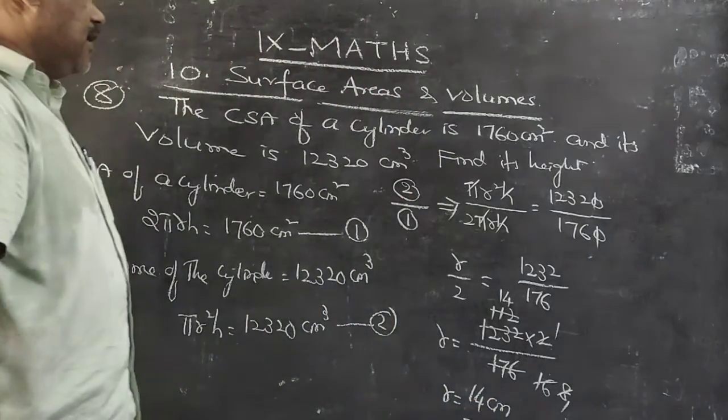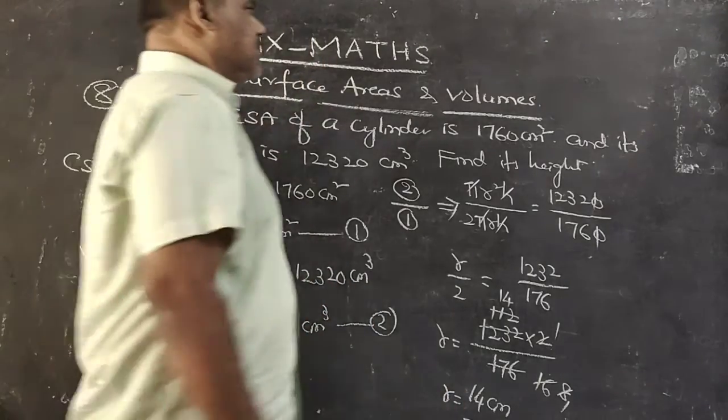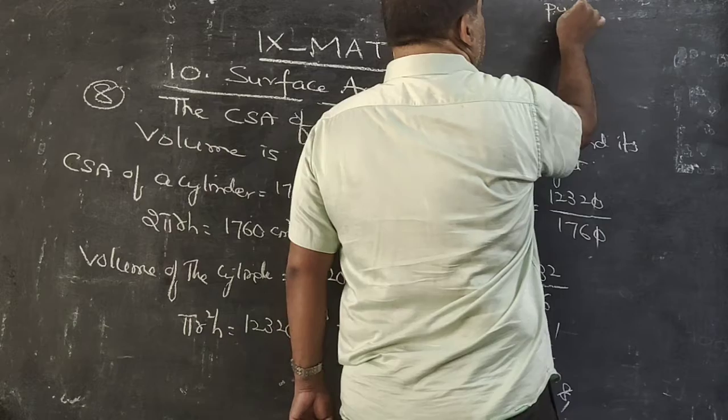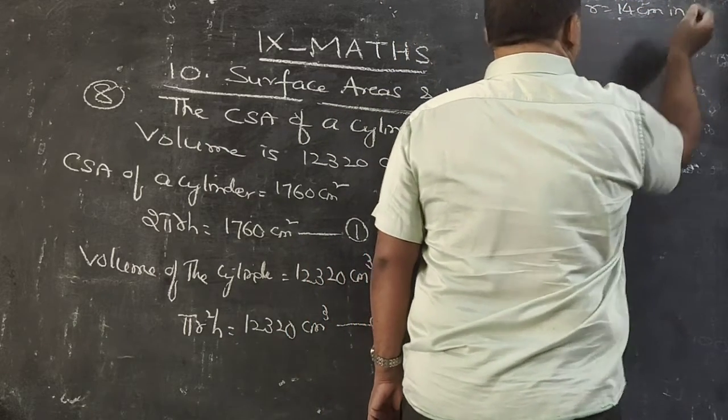After getting r value, to find out height, this r value we will substitute in the first equation. So put r is equal to 14 centimeters in the first equation.